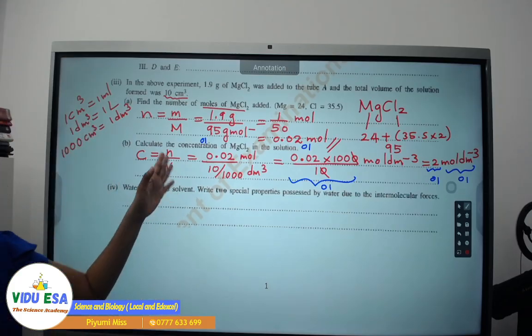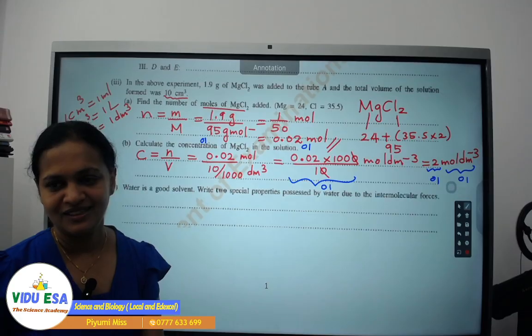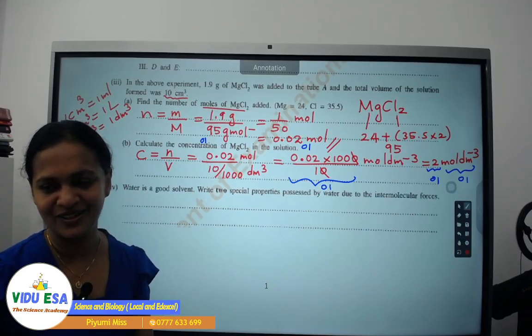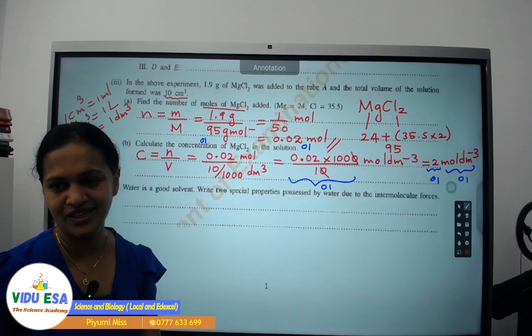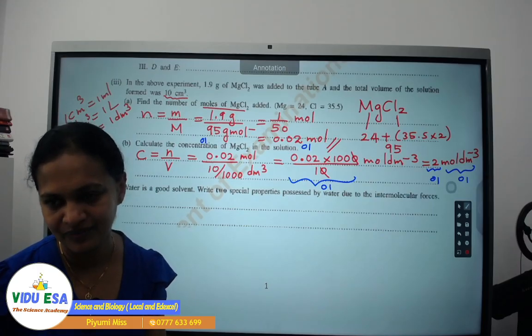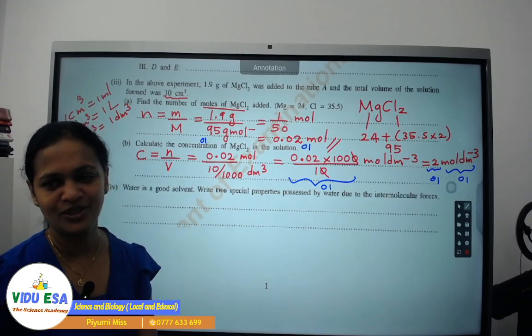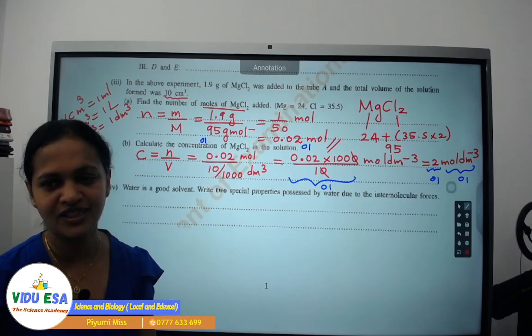Now you understand what kind of questions are asked in the O level paper. You are new to this type of calculations, we only did it last week. Now I hope you can manage very easily. You can calculate the number of moles, and then convert it into the concentration.